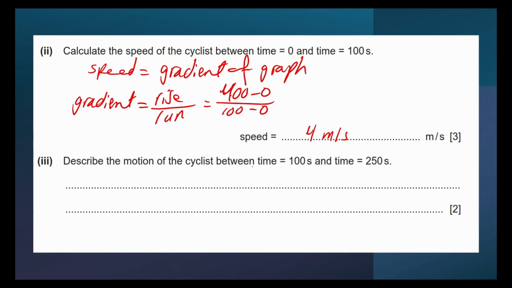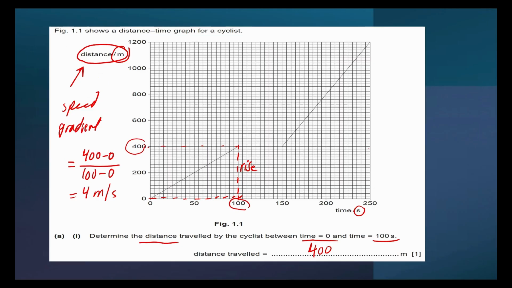Describe the motion of the cyclist between time equals 100 seconds and 250 seconds from the graph. 100 seconds to 250 seconds. From 100 to 150, the distance does not change, so the cyclist is at rest here.